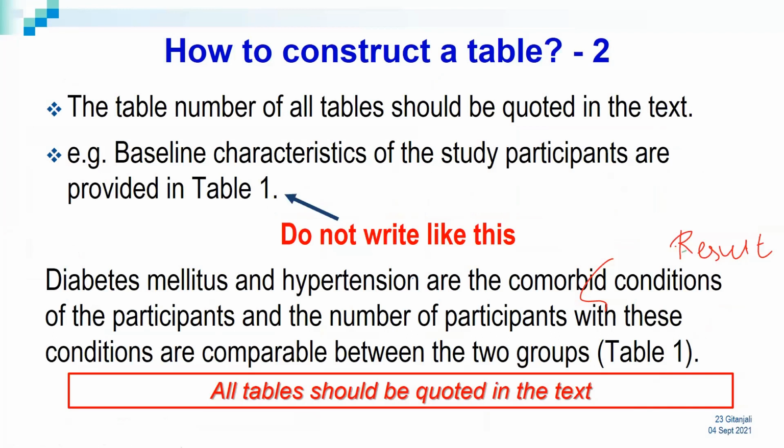Rather, if you want to refer to table 1, you should write, diabetes mellitus and hypertension are the comorbid conditions of the participants and the number of participants with these conditions are comparable between the 2 groups (table 1). So don't write like the first, but you should write like this. All tables should be quoted in the text. So if you have 7 or 8 or 10 tables, all these tables should be quoted in the text.